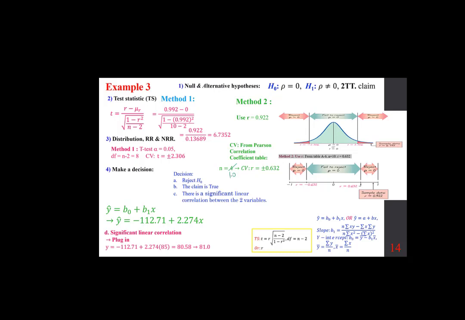We simply plug in and we end up with the following answer: 81, as we did in the previous page. Okay, so it's very straightforward. I thought it's worth looking at it again. So what happens when the correlation exists? We use the regression line for prediction.